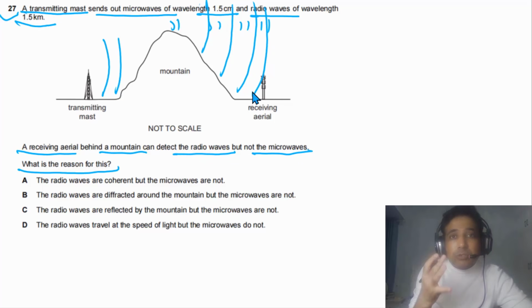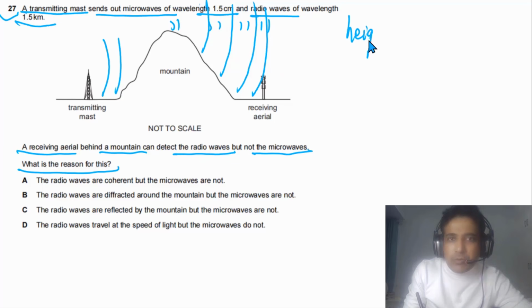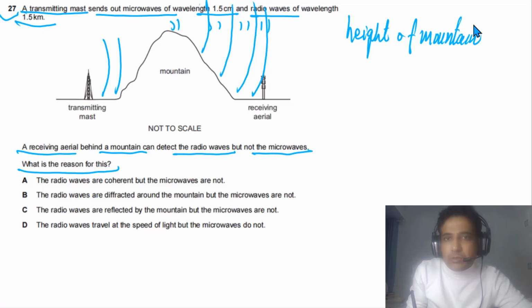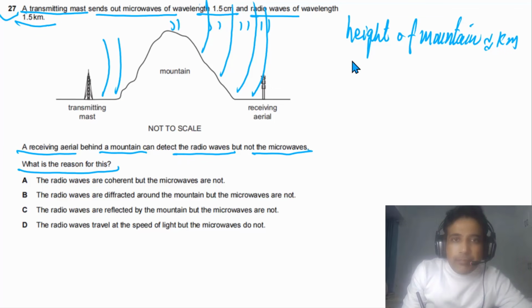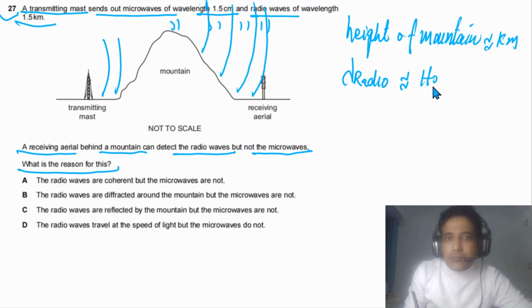So this is the point you need to understand. In a different way, we can also understand the height of the mountain; this will be in kilometers, 1 kilometer, 2, 3, 4, it depends. And lambda of radio waves is comparable with the height of the mountain.